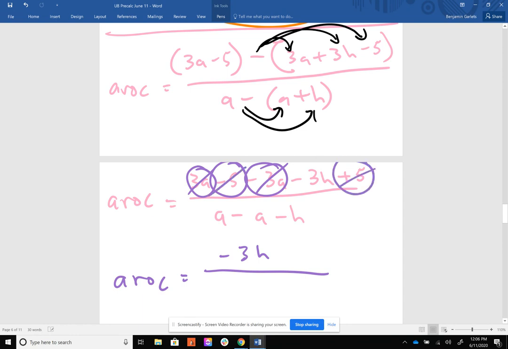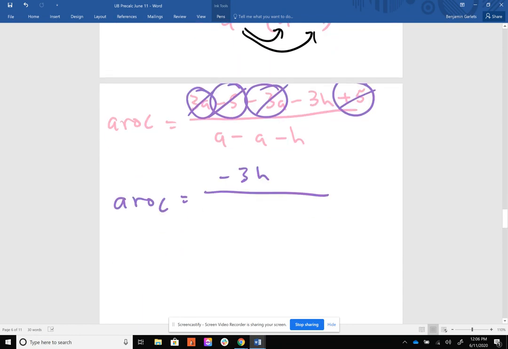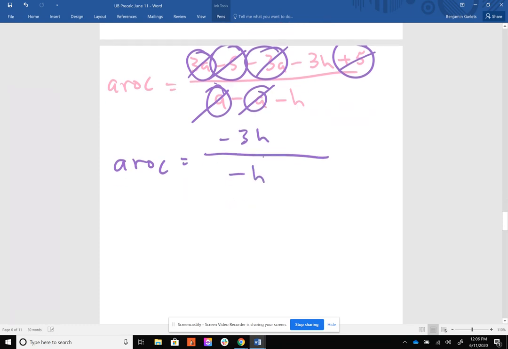Those are opposites, so they go away. All right, done with our numerator. If we look at our denominator, I've got a minus a, opposites, and I'm left with negative h. So I'm hoping that you see that we've got negative 3h over negative h. Negative divided by negative is a positive. H divided by h is 1, so I'm left with a positive 3.